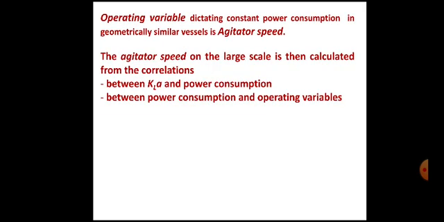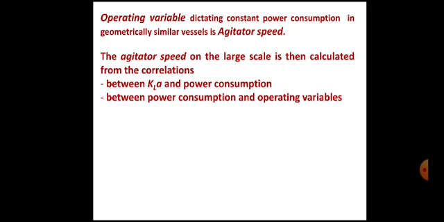Now the operating variable that dictates the constant power consumption in a geometrically similar vessel, in the fermenter design, is the agitator, the speed of the agitator. So the speed of the agitator is related to power consumption.